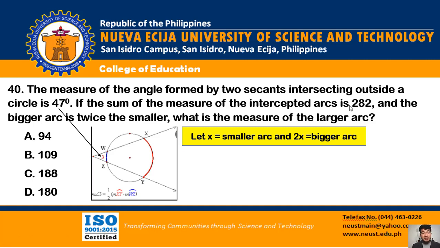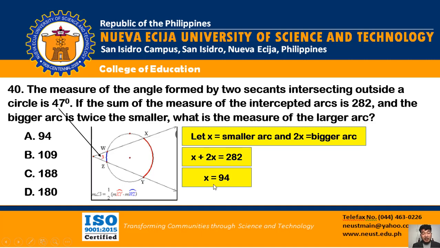So we let x be equal to the smaller arc and 2x be equal to the bigger arc. Then we add the 2, that is equal to 282 as stated in the problem. Then solving for x, you will have 94. So this is actually the measurement of the first arc, the smaller arc.